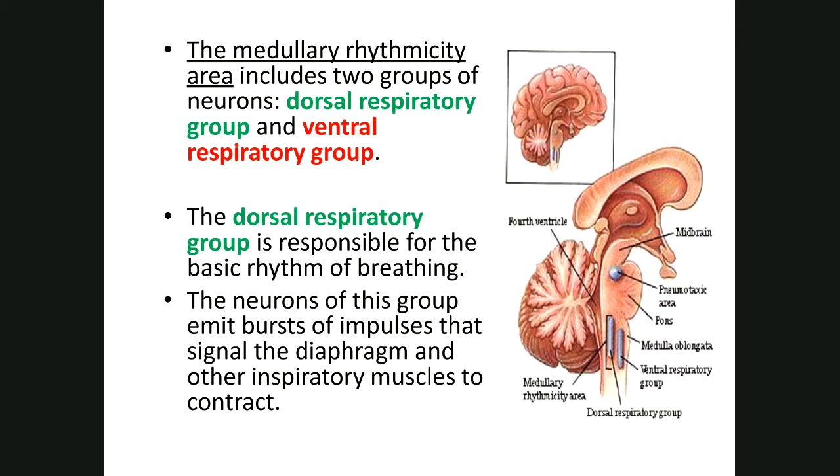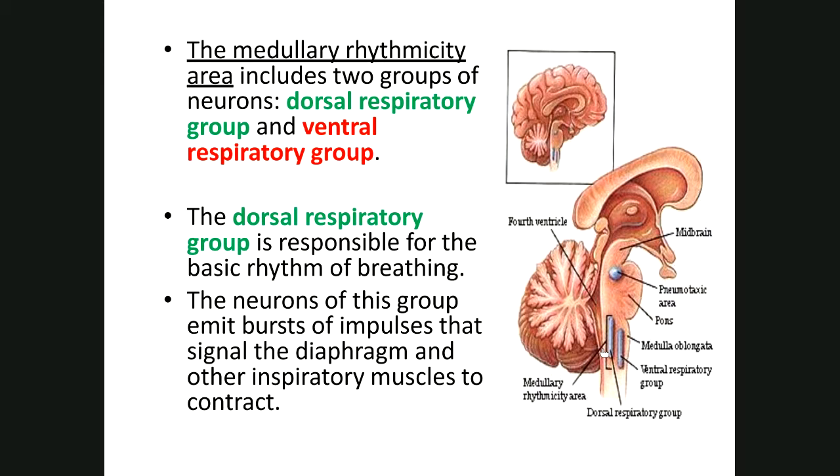So, the most important group, and I'm sure if you refer back to your textbook, you will find it different, so I'd like you to focus here and follow the slide. The primary group of respiration that works at rest is the dorsal respiratory group. The dorsal respiratory group is the part of the respiratory center that controls the contraction of the diaphragm and the external intercostalis muscle. And therefore we depend on this group in quiet breathing.